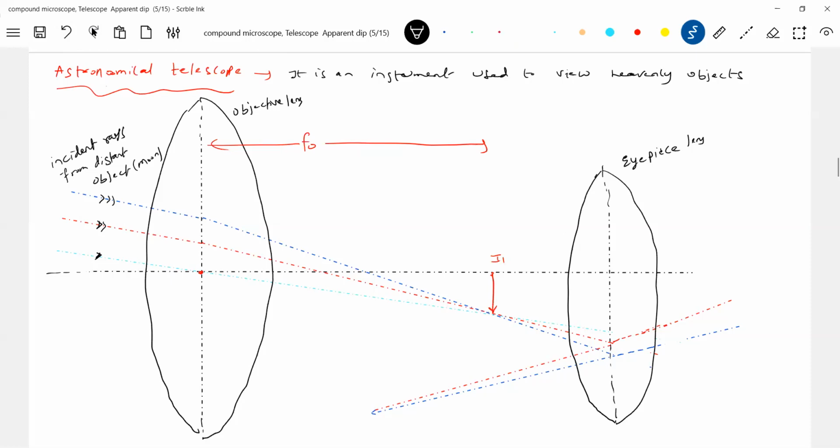It's virtual only. Let me show it by a solid line because all are dotted. This is I2, H2. Call this H1. I think our triangle will come.